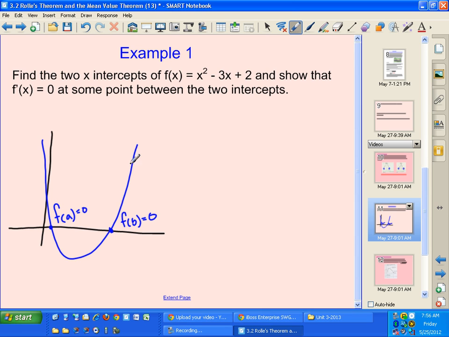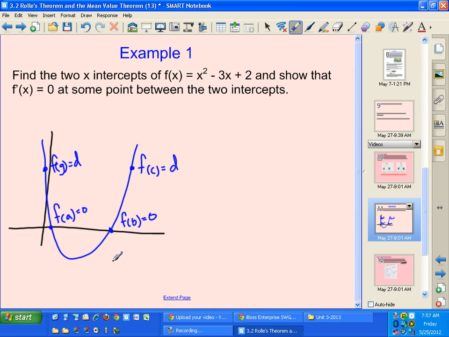It could have been somewhere up here that f of c equaled some value d, and then over here f of g equaled the same value d. But in this example, since they're using the two x-intercepts, if we can find two places where this graph is crossing the x-axis, then that would mean that this function is going to turn back on itself.